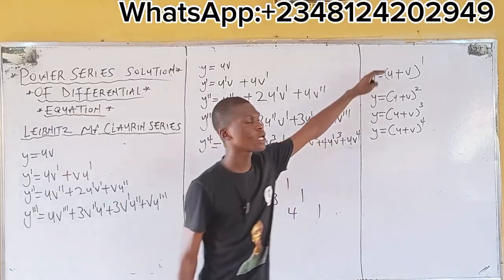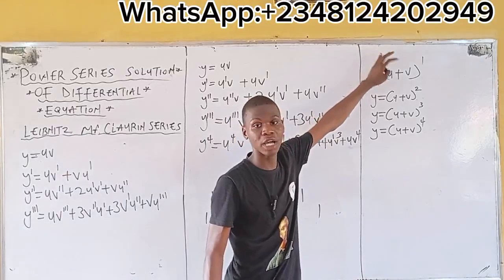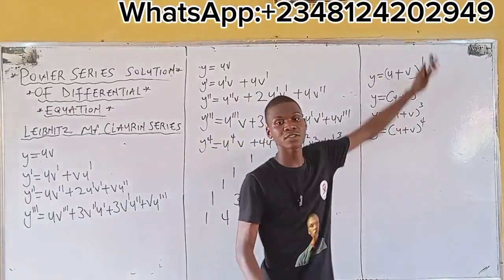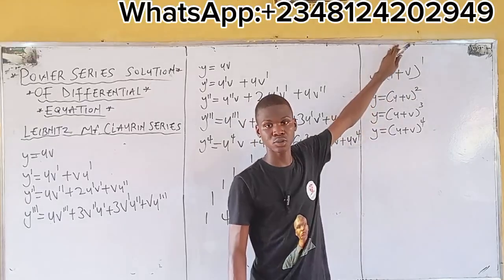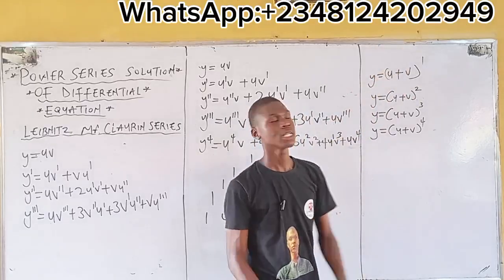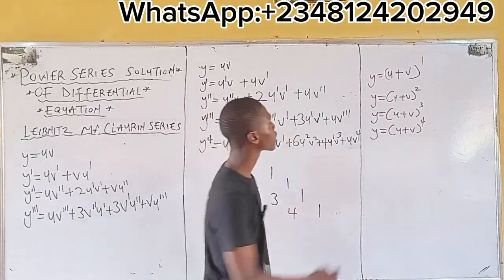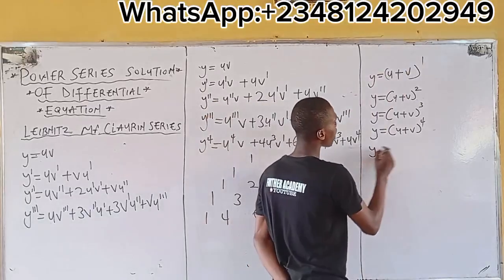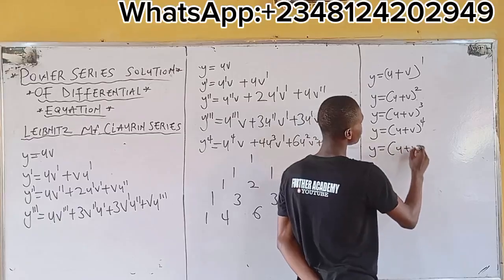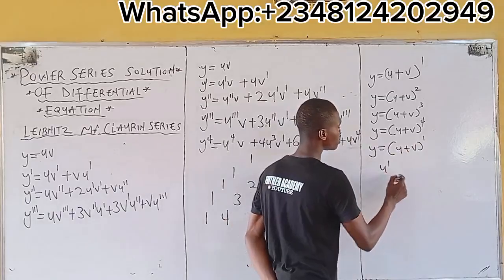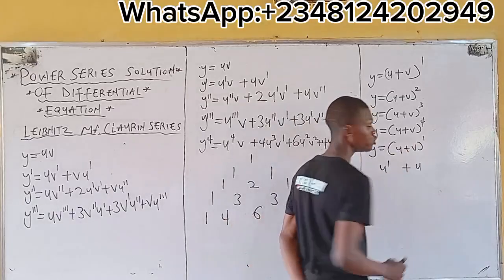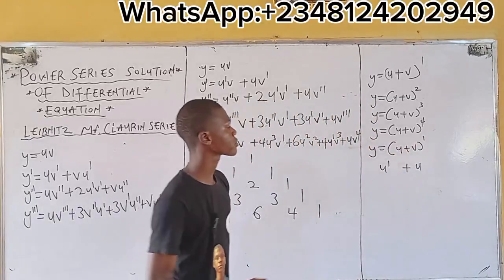So I want to use binomial expansion to find the derivative of this function, right? Now, for the first one, when y is equal to u plus v all raised to the power of 1, what do I have? I have u raised to the power of 1 plus what? U, right?